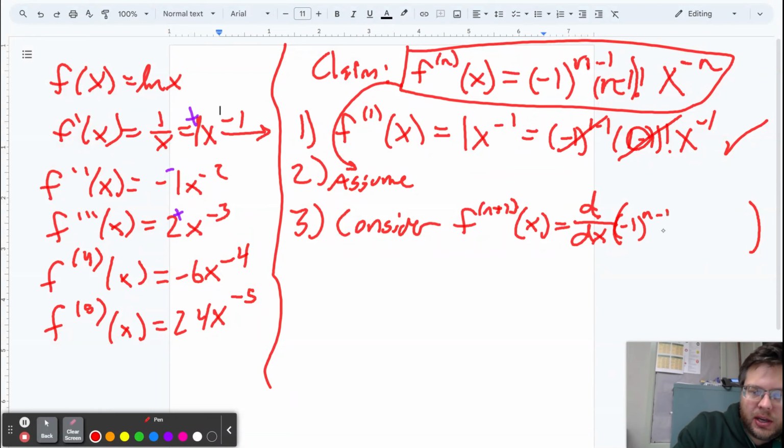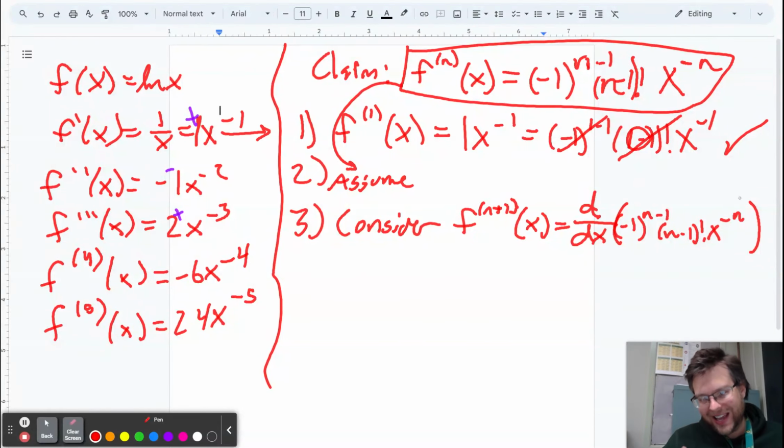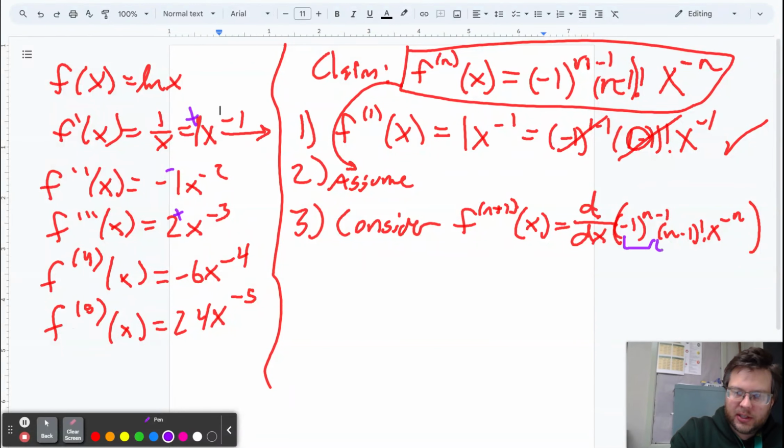So I'm going to take one more derivative. What I want you to notice is this looks complicated. There's n's and x's, and now there's these d's, and it's a lot. But what I want you to recognize is that this is a constant, this is a constant. This is really just a number times x raised to a number.